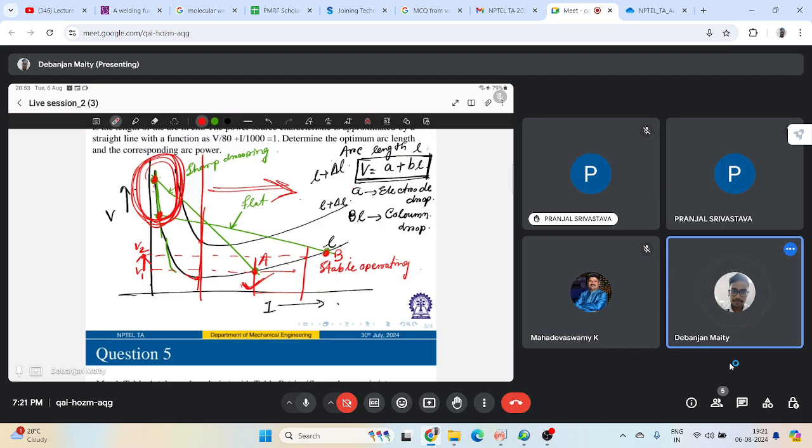As I was saying, you cannot avoid this change in arc length. That is inevitable, right? Now, that should not cause a large change in your welding current. So this makes the sharply drooping characteristics desirable.